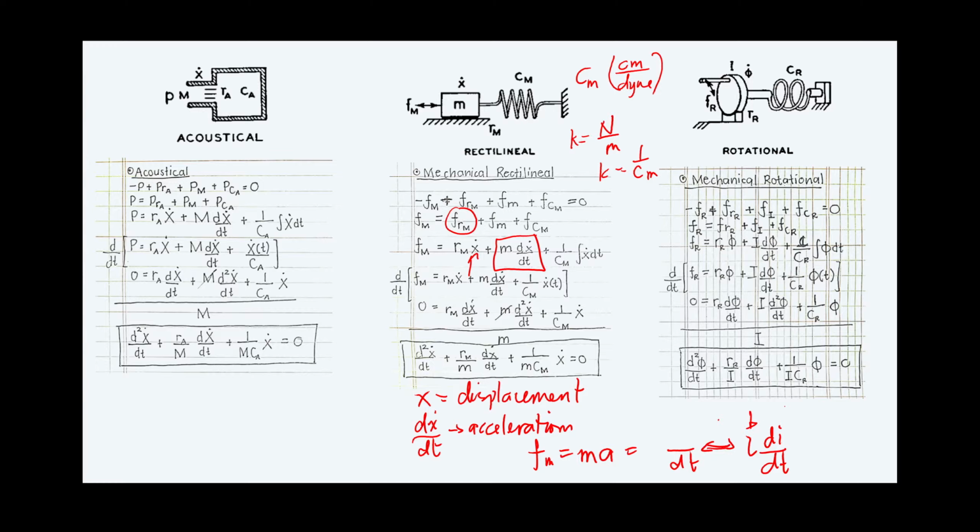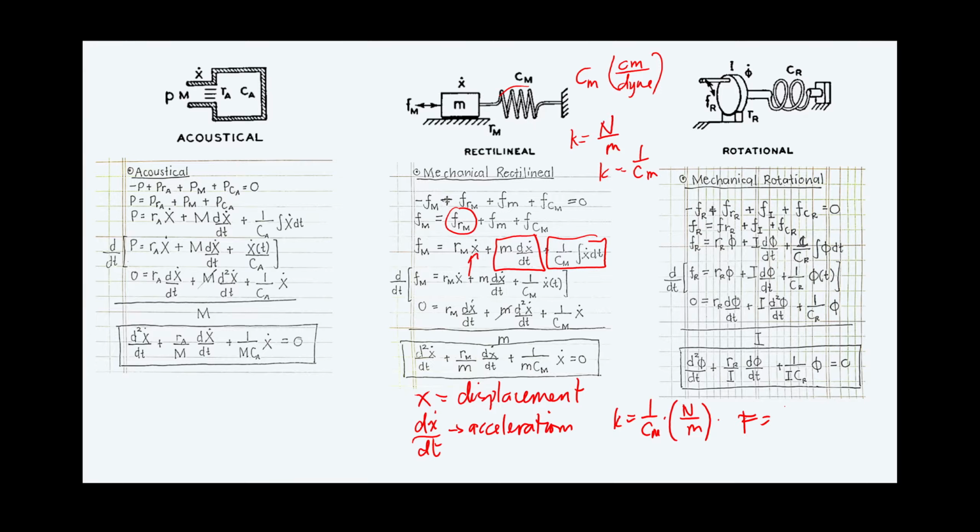And then the other one here, Cm. The unit of Cm is inverse, it's actually K, 1 over Cm, and the unit of this is Newton per meter. Now, what is the force?